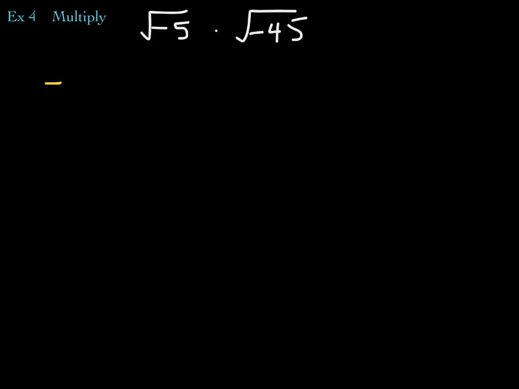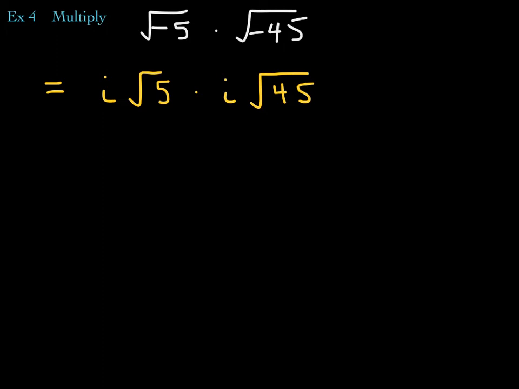So this is the square root of negative 5, times i times the square root of negative 45. Now these are written in terms of i at least, right? Now we can use the product rule, okay?